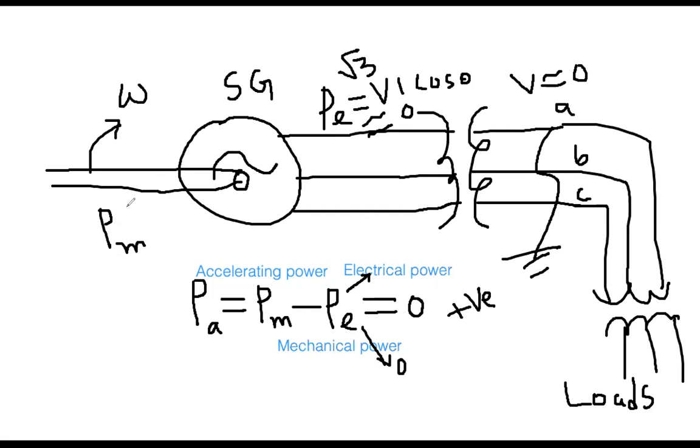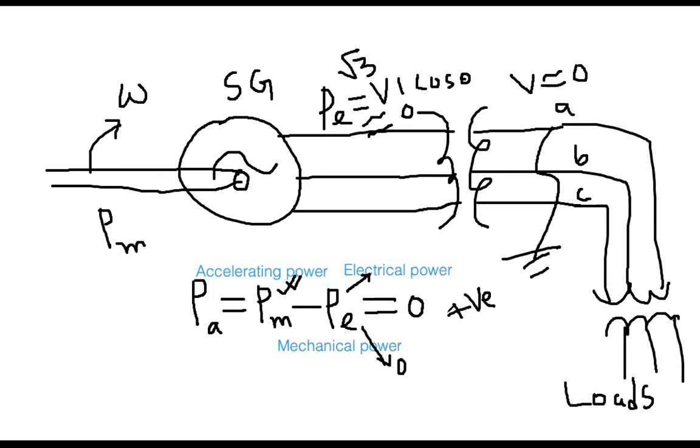But at this point, everybody assume that your mechanical side is fine. Consequently, mechanical power is constant. I am concentrating on the electrical side from this point until the load. If there is any short here, that will make your Pe go to 0. Then the full Pm value will be available here. This result must be a positive value.